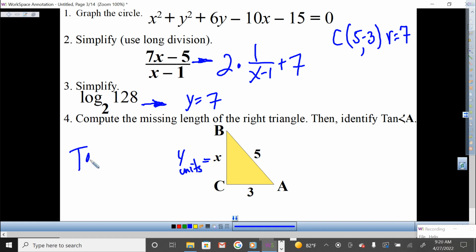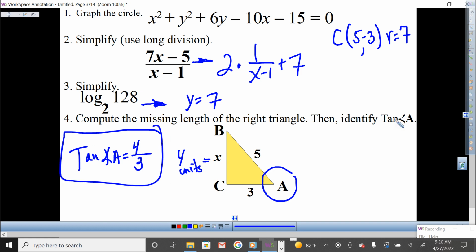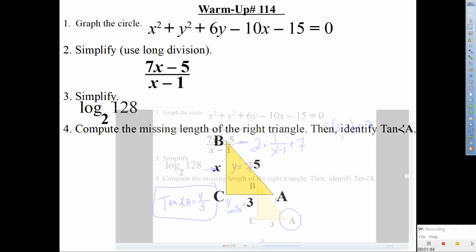Therefore, tangent of angle A. Angle A, tangent. Tell your neighbor what tangent means. 4 over 3. That is correct.